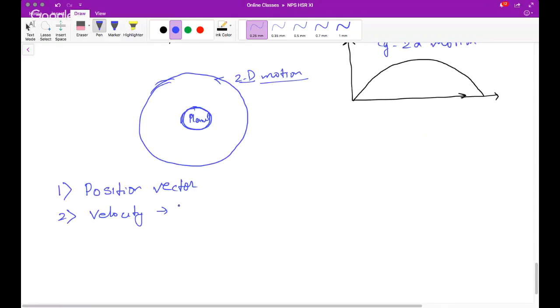Which was nothing but rate of change of position vector, rate of change of position. And then there was something called acceleration, and acceleration was rate of change of velocity.